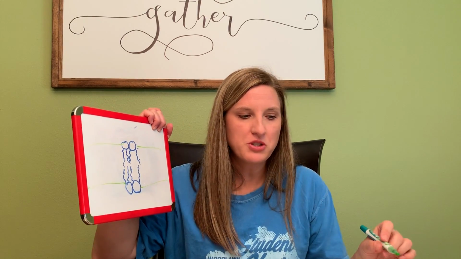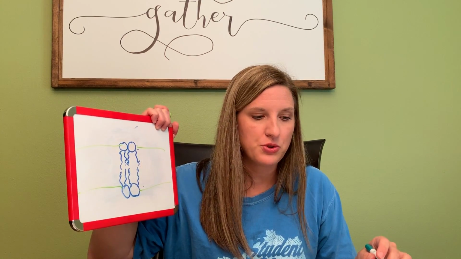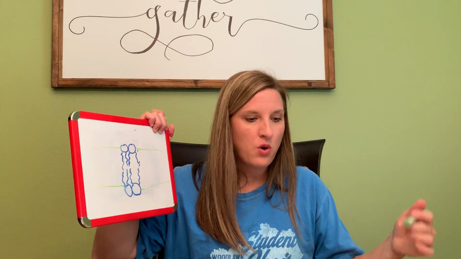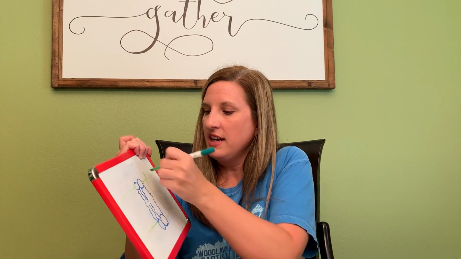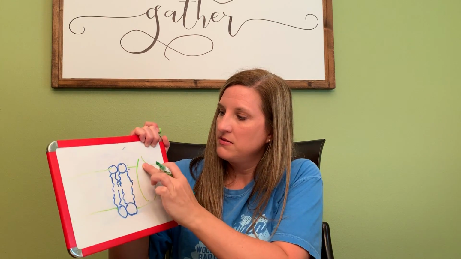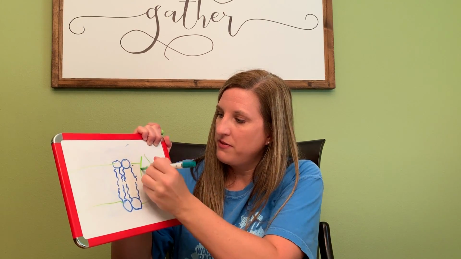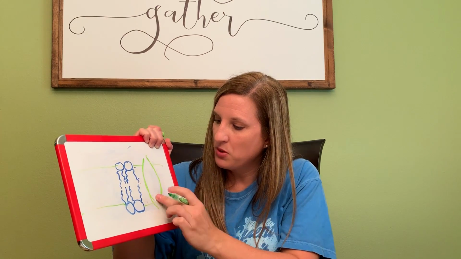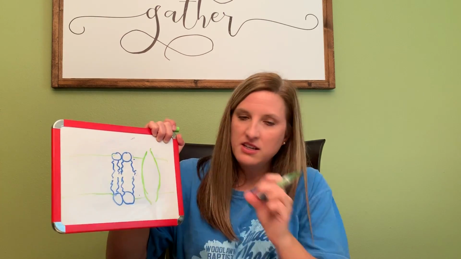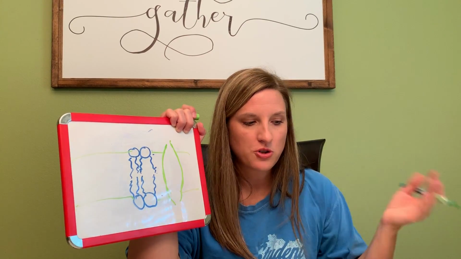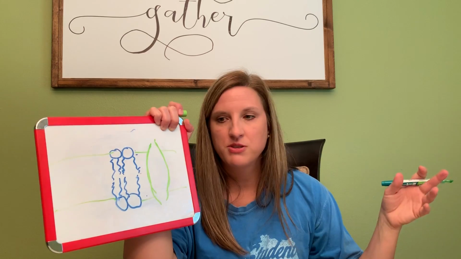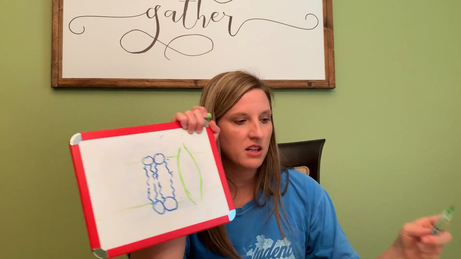But you have channel proteins, which are used for your larger molecules. It's a channel to let water and small molecules in and out, and it kind of looks like this. For the plasma membrane, it's going to be open like this. It's a channel protein. It's going to let those things get through, the larger molecules and water and all of those things that need to go through the membrane. It's going to let those things in.